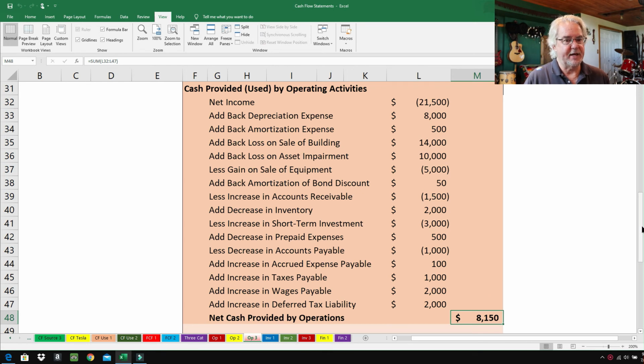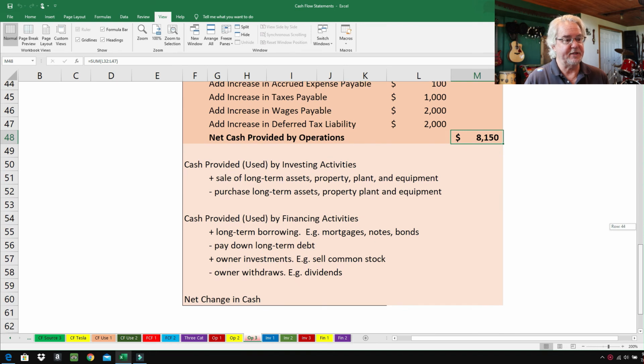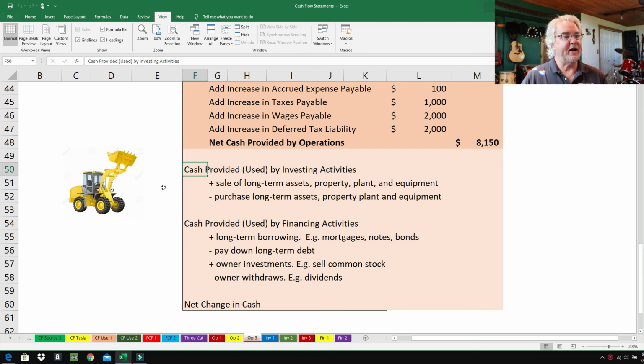So anyways, coming down here, we're not working on investing activities or financing activities, but just for the sake of completeness and for repetition, we'll go over it real fast here. So here's the second section of the cash flow statement, which we're not covering today. Cash provided or used by investing activities. What that consists of is the sale or purchase of long-term assets, property, plant, and equipment.